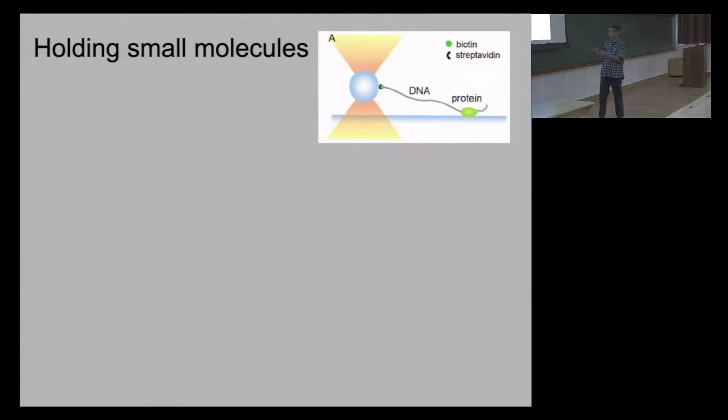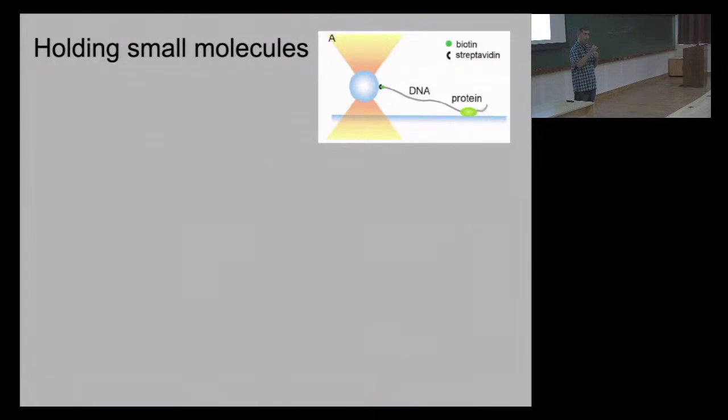protein, and you can bind it to the DNA by some chemistry which we will not get into right now, and the other end of the DNA, you can bind it to this kind of a bead. Always remember that typically for optical trap experiments, you need a large refractile object, otherwise you can't do anything, because you need something to bend the light, and if it is too small, it will not work because it works on the principle of a gradient of light.